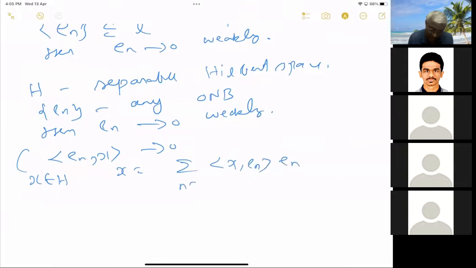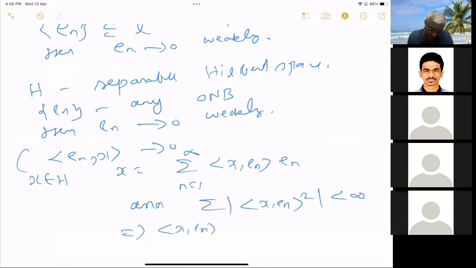And we know that in a Hilbert space, the summation of |<x, e_n>|^2 is smaller than infinity. So this implies <x, e_n> goes to 0 in particular.